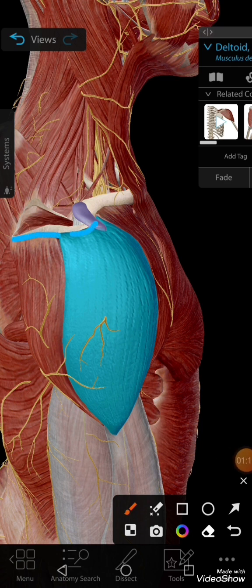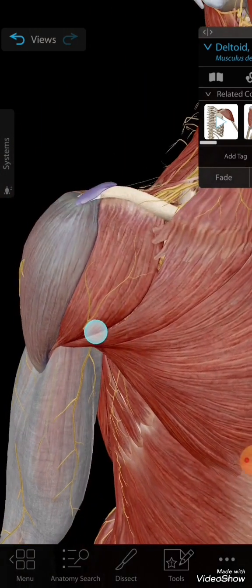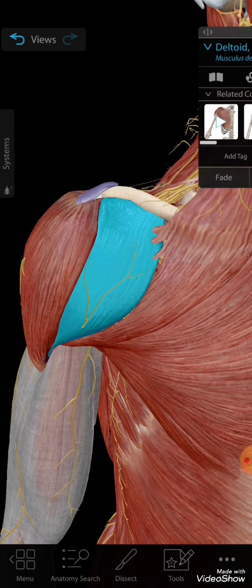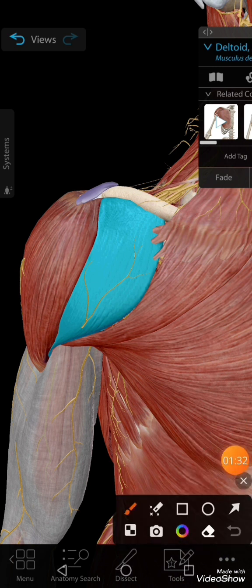That was the lower margin of the spine of the scapula, and now coming towards the acromion process. And now if I turn it entirely, you can see that it is attaching on the lateral 1/3 of the clavicle. These all are the places from where it gets its origin, and this is the deltoid tuberosity over the humerus where it is inserting. So this is a bulky muscle, you can see very well.